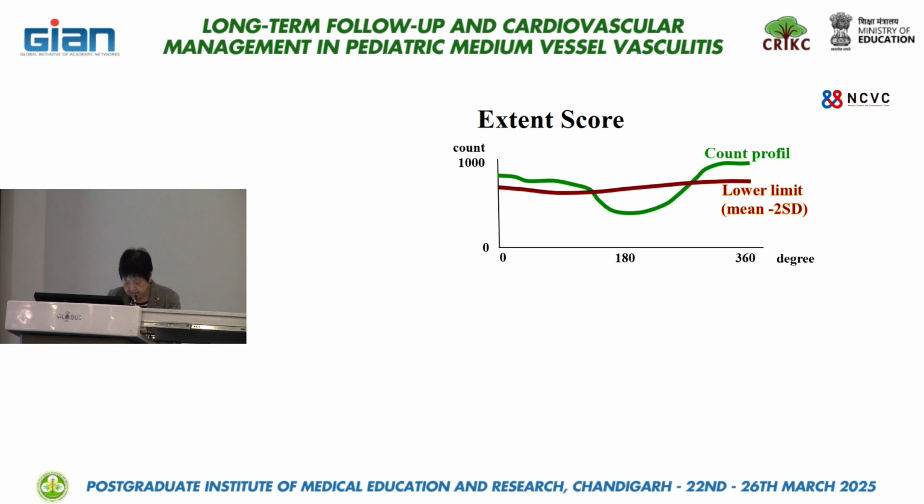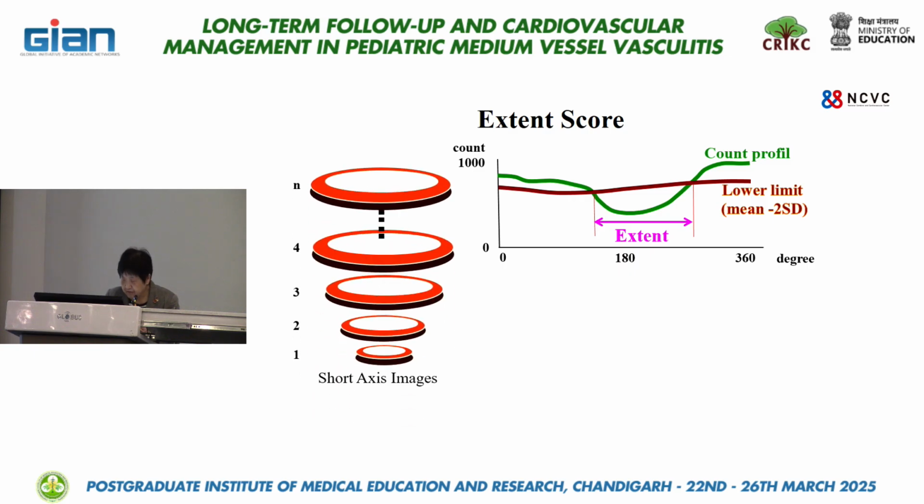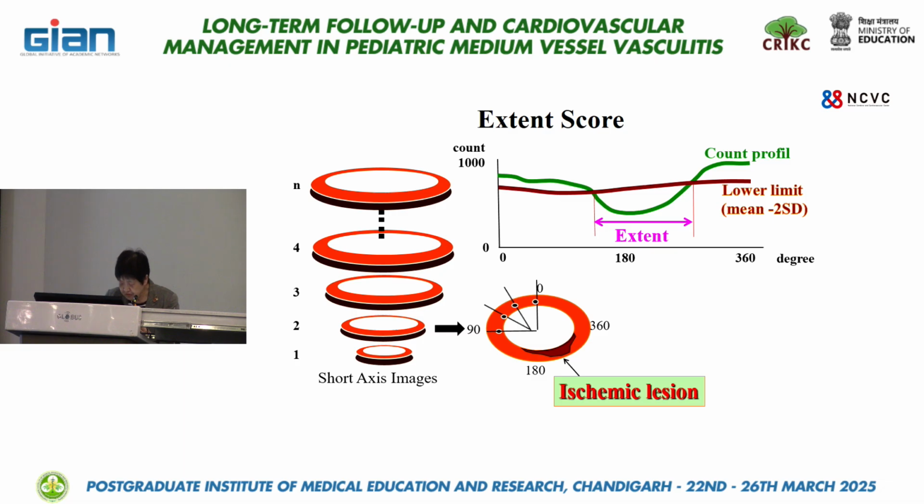Extent score. The definition of extent score is shown in this slide. Short axis images of the left ventricle were obtained after reconstruction. In each short axis image, ischemic regions were analyzed as circumferential area.